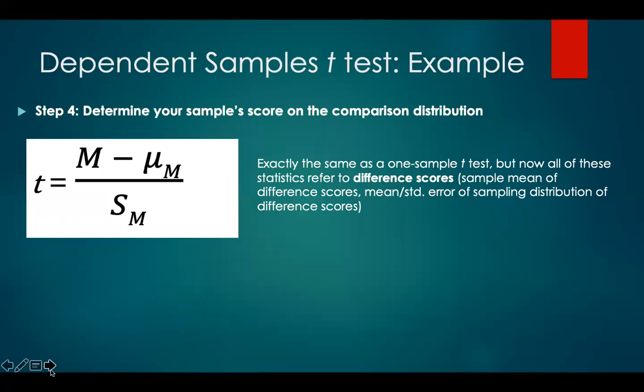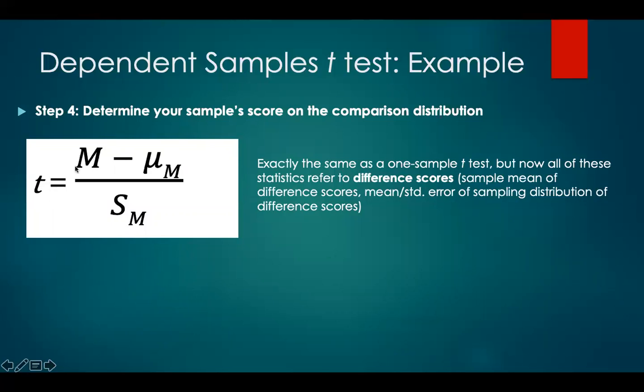Now step 4 is to determine your sample score on the comparison distribution. This is exactly the same as a one sample t-test, but now all of these statistics refer to different scores. For example, a sample mean of different scores, and the mean and standard error of a sampling distribution of different scores.